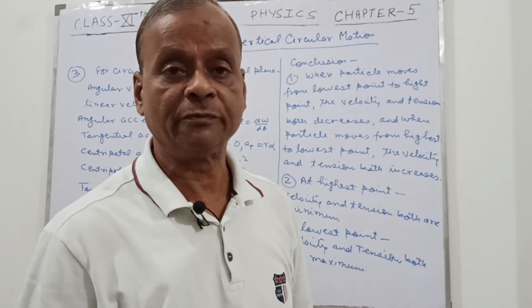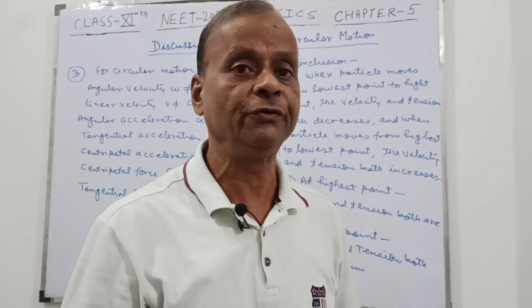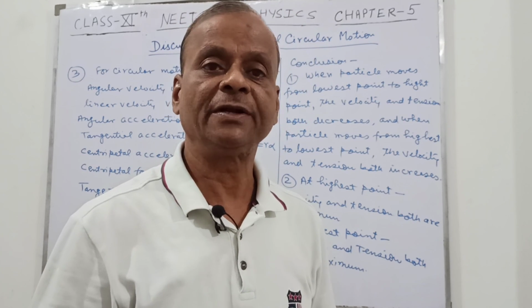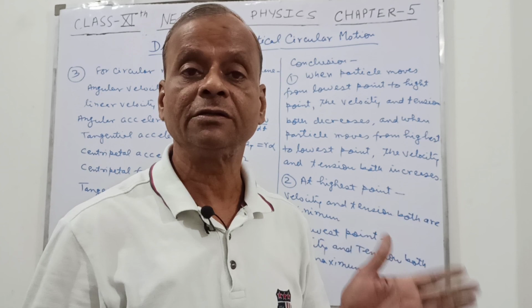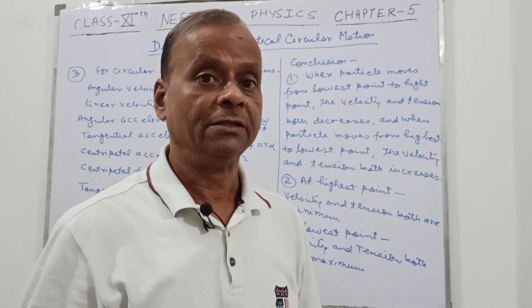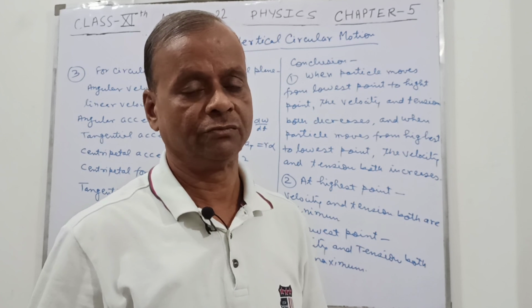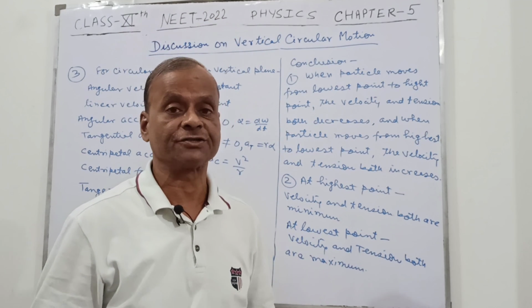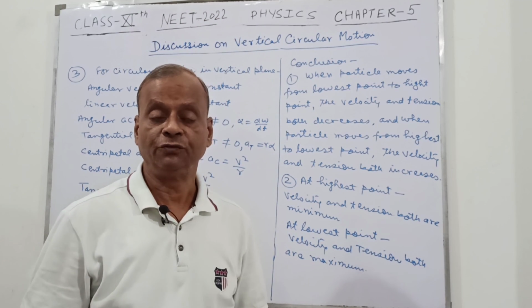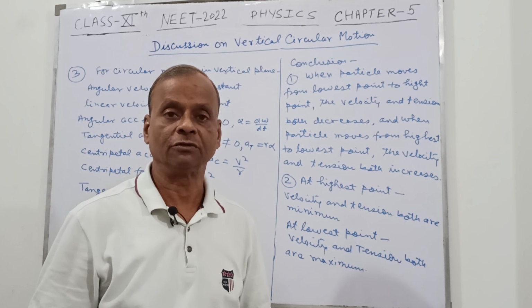Whether the circular motion is uniform or non-uniform, the centripetal acceleration is never 0. The tangential acceleration is always 0 in uniform motion. So this is the difference between uniform and non-uniform circular motion.